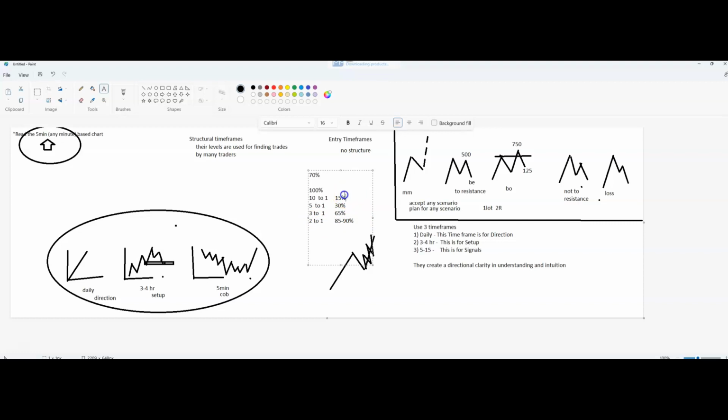So the idea is you don't want to be waiting for this 10 to 1 or mega trade, the mega big ones, because you'll lose your mind. If that trade went to 5 to 1 and you did not take profit, it's going to create a lot of emotions.